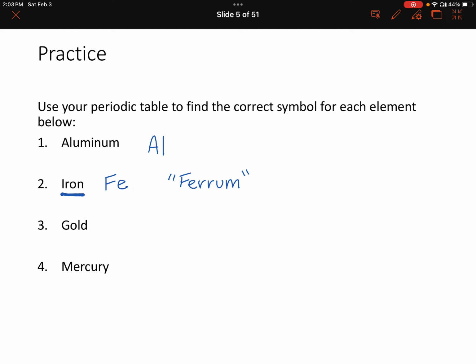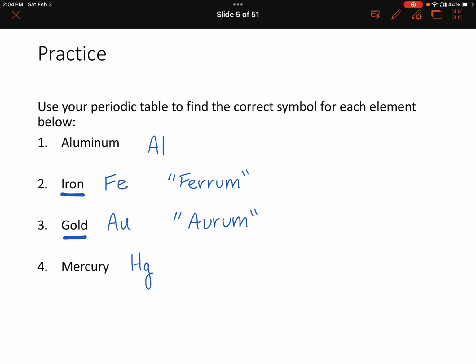Gold is given the symbol Au, which also does not match its name, gold. So Au is coming from the original Latin name aurum. And then mercury is Hg. I'm not even going to attempt to write out the Latin name that goes with Hg, but you get the idea. A lot of these symbols are coming from older names for these elements.